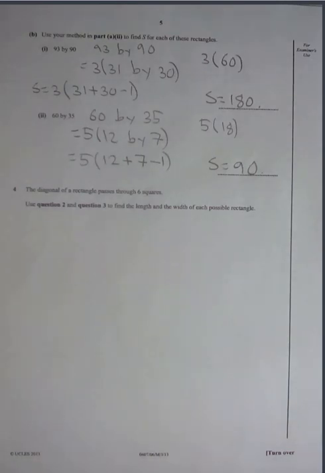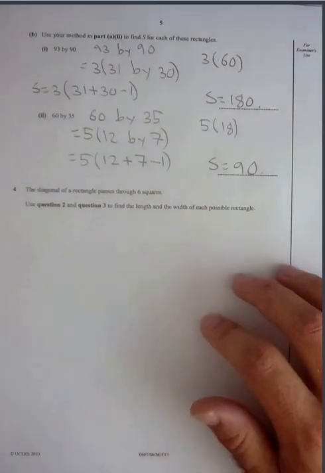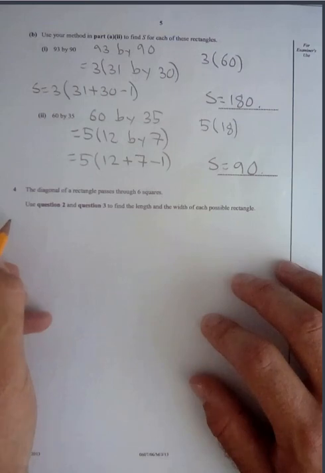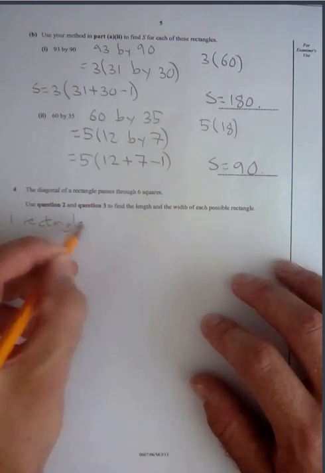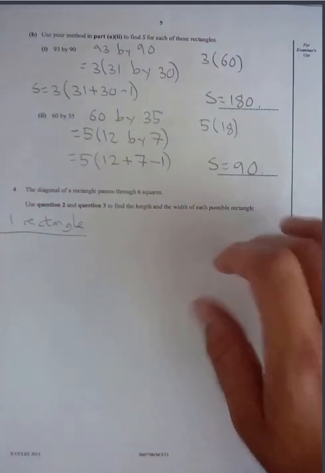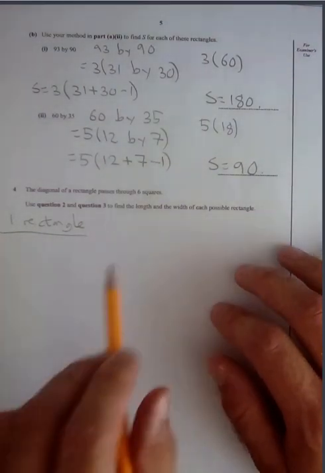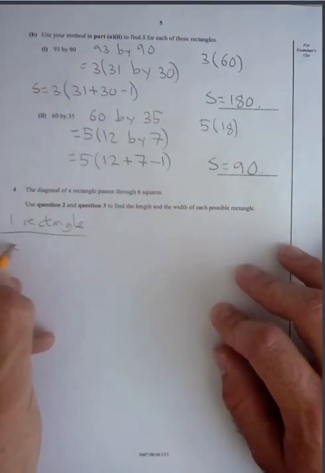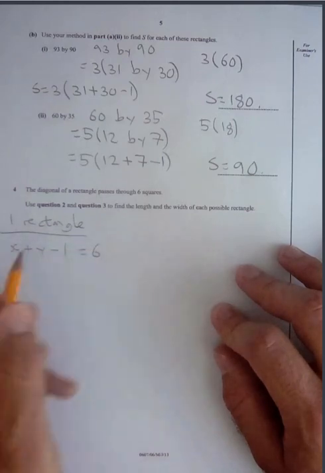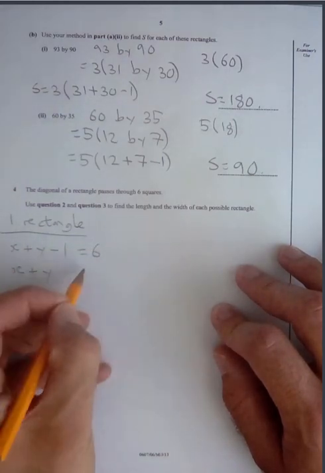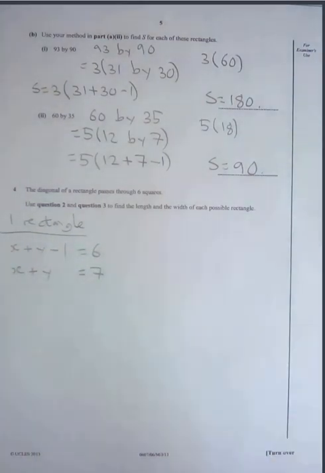If you think of all the combinations, well, if we go straight to one rectangle, then if it just passes through 6 squares, that would mean x plus y minus 1 equals 6, which would mean x plus y equals 7, right?